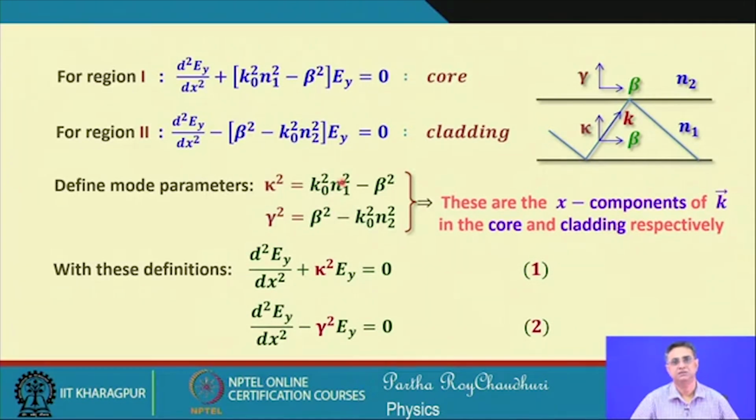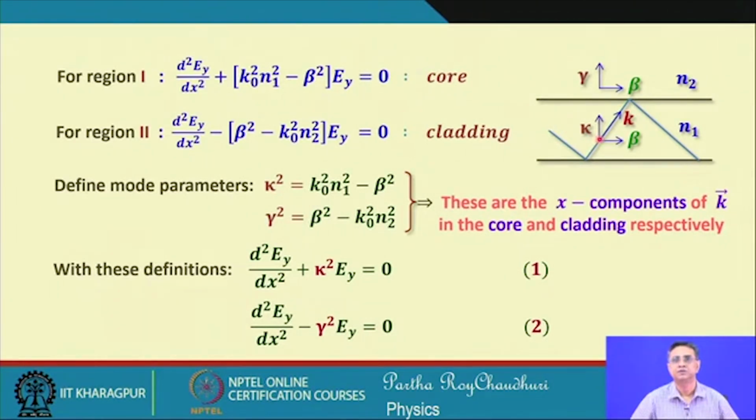This we have seen, these are the x components of the k vector in the core and cladding. So, kappa square is written as k 0 n 1 square minus beta square. Beta is the z component of the propagation vector, and kappa will have the x component, and along the y direction we have assumed that the waveguide is infinite.